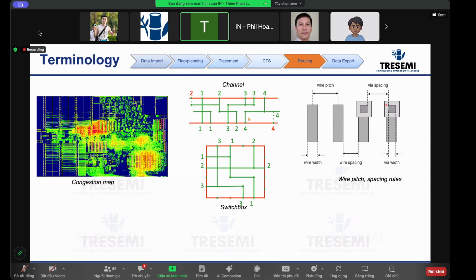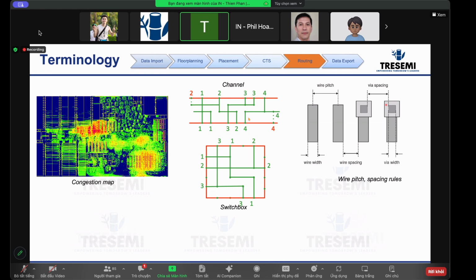But then if you need more, because let's say locally the pin count is just so high in some area, I mean you need more than the available tracks, then you have an overflow.